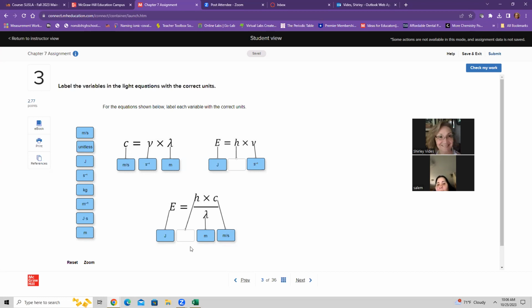That is definitely joules second, because when you multiply these two, you get rid of the seconds. You see that? You can figure out the units by just doing that. There you go.